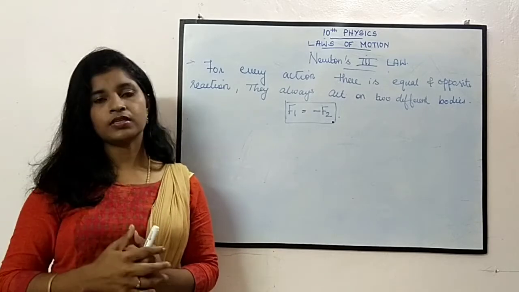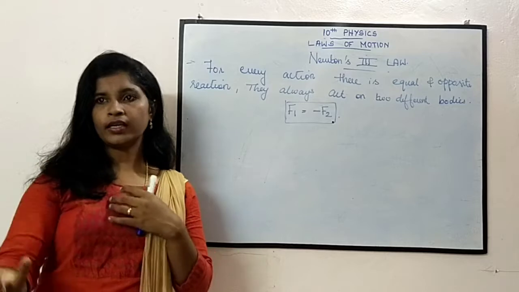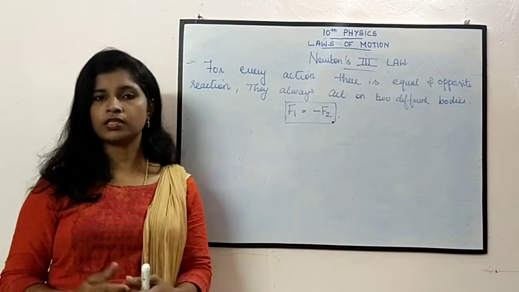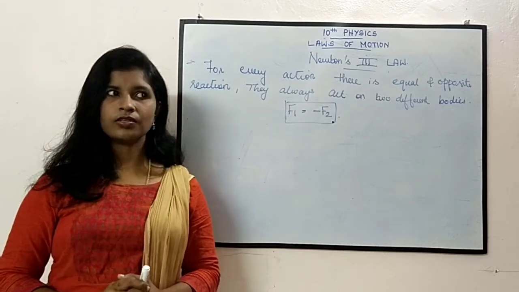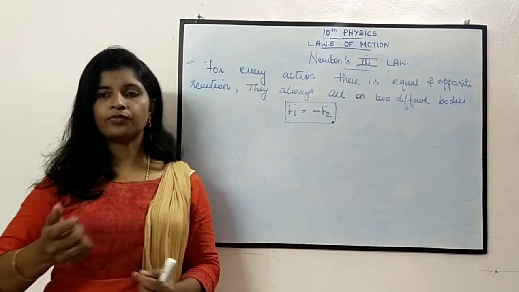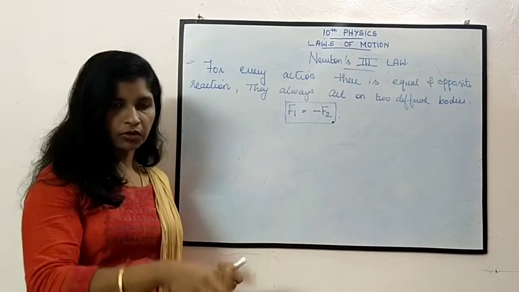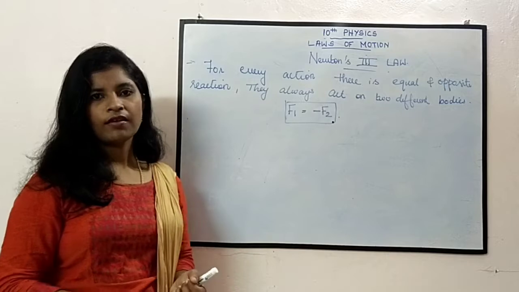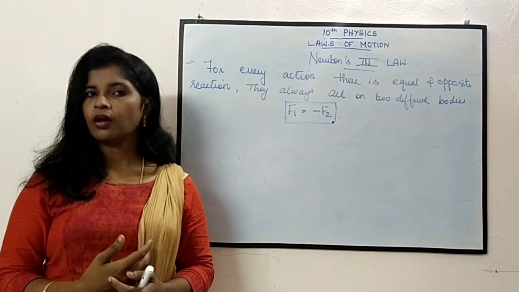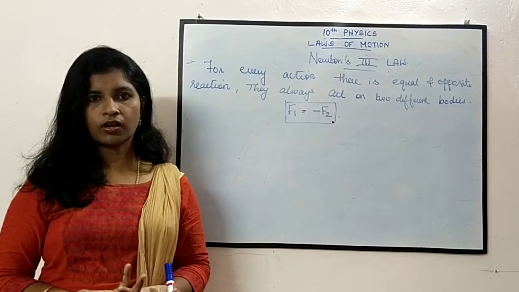You think that if it goes like this and comes back like this, it is Newton's third law. It is not right. Suppose I throw a stone on the ground, does it come back? No. So is Newton's third law not working out?